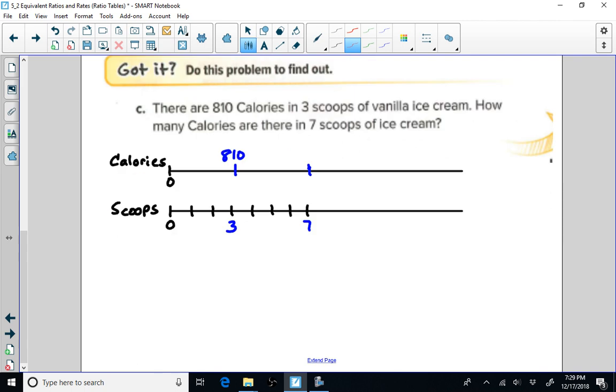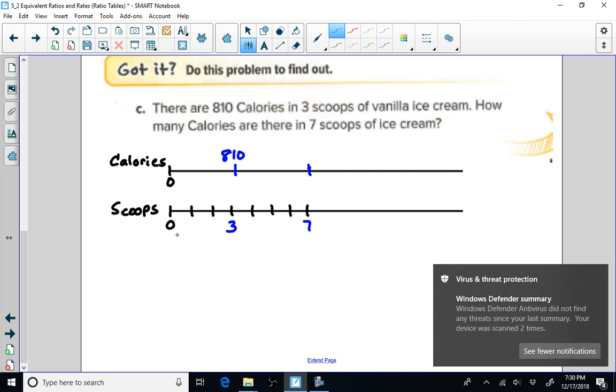All right, let's try another one down here. There are 810 calories in 3 scoops of vanilla ice cream. So here's my 0, 0, 810, and 3. 2, 1, 0. 4, 5, 6, 7. How many calories are there in 7 scoops? I want to do the same thing we did with the last problem. First, we're going to scale back to figure out the 1.